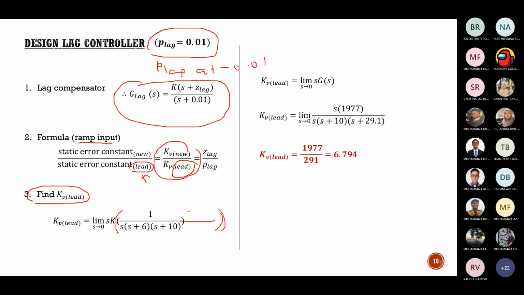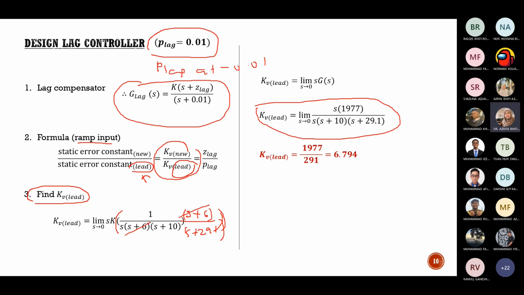So we have from the lead compensator S plus 6 over S plus 6, and we have here S plus 29.1. Okay, and then we can cancel S plus 6. So the final equation to find the KV lead is given by this equation.